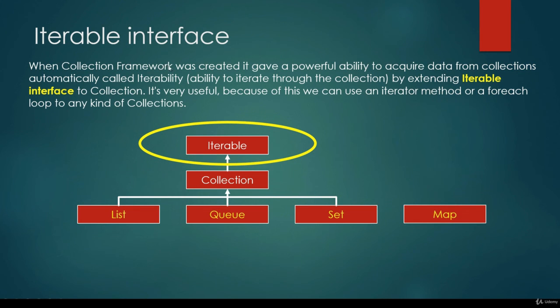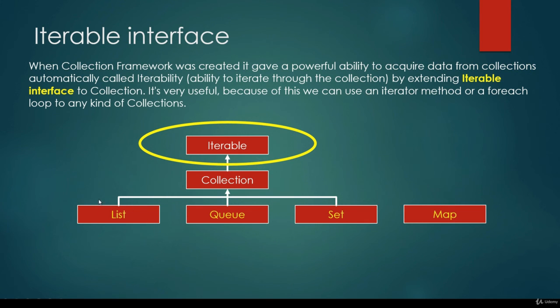Okay, what's crucial is that we have the so-called iterable interface. When the collection framework was created, it gave a powerful ability to acquire data from collections automatically. This is called iterability, the ability to iterate through the collections one by one, and this is why the iterable interface is extended by the collection interface. So as you can see, the parent of collection is the iterable interface. Because of this iterable interface, we can use an iterator method or a for each loop on any kind of collection.